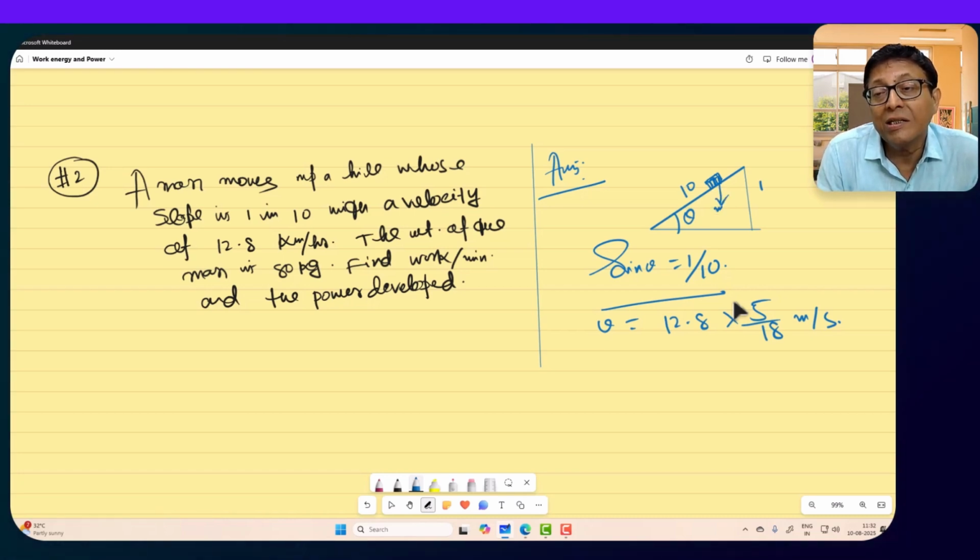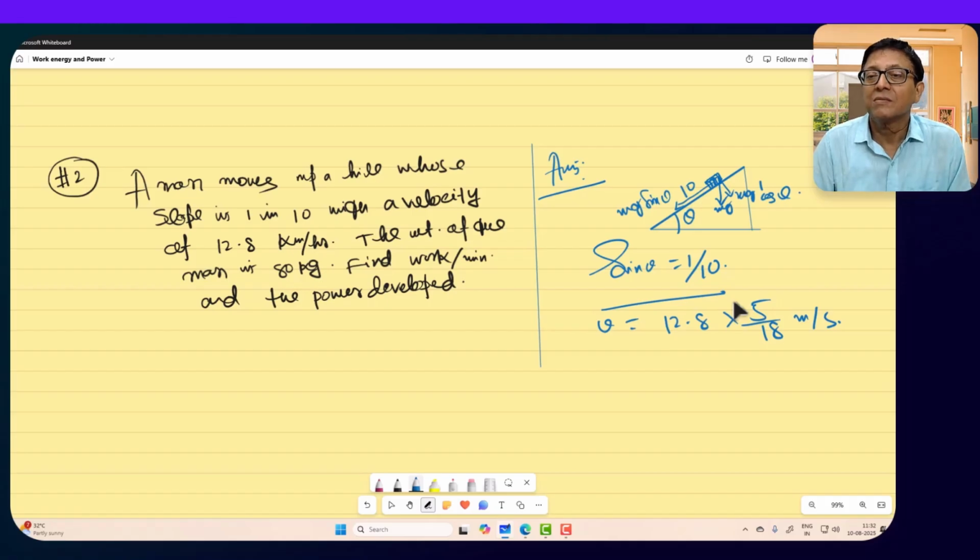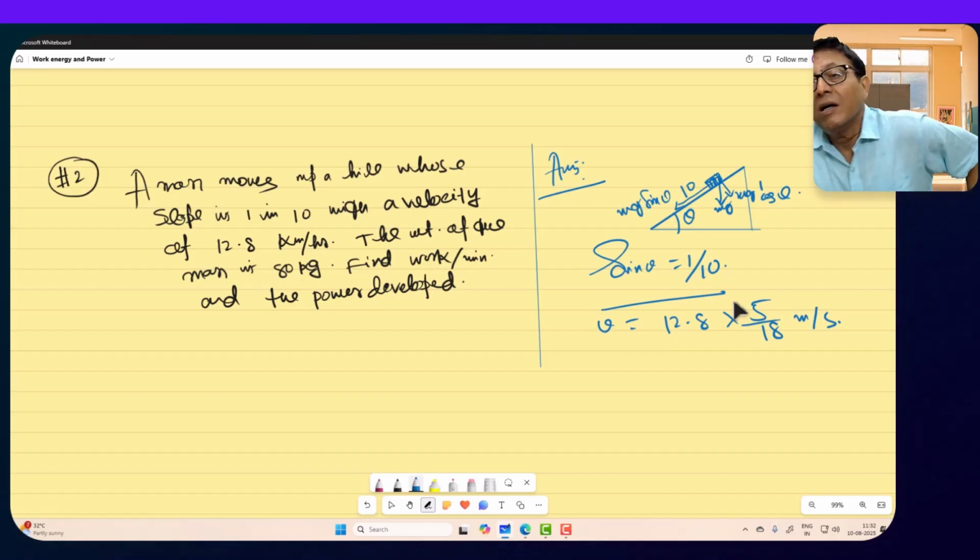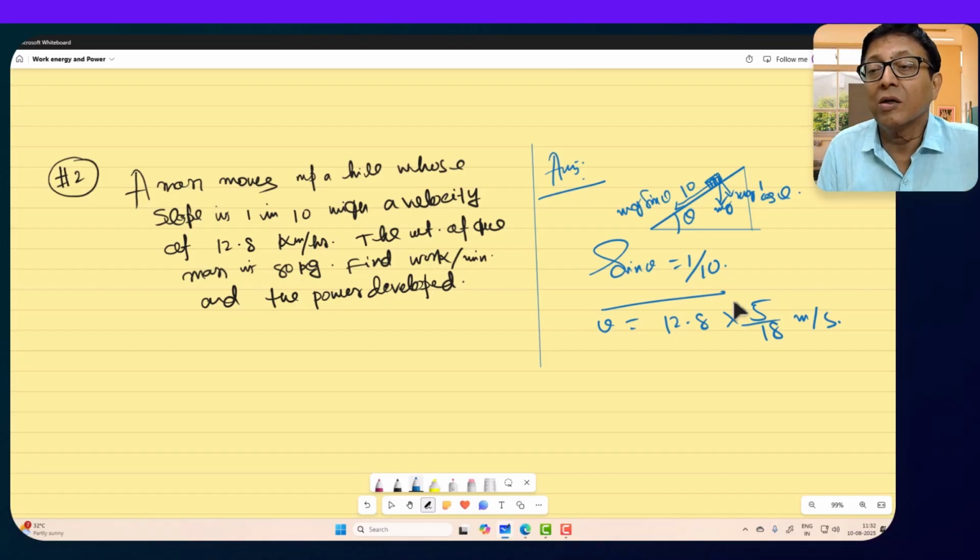So this is mg, this one is mg sin theta, this one is mg cos theta, and the man is moving up the incline where the force equals mg sin theta.